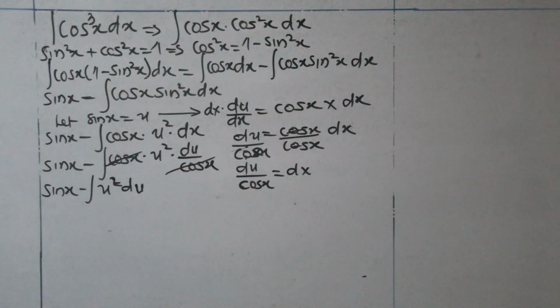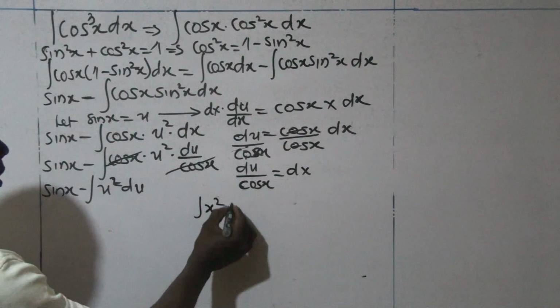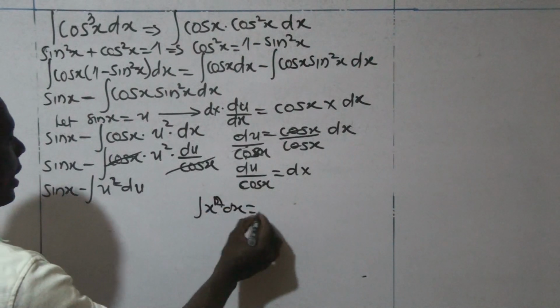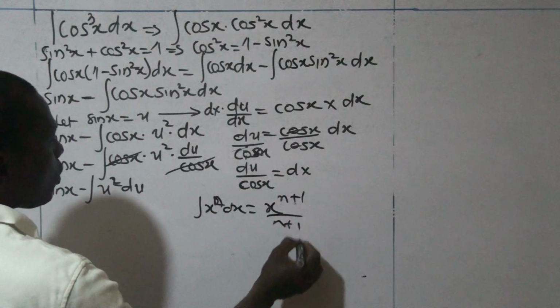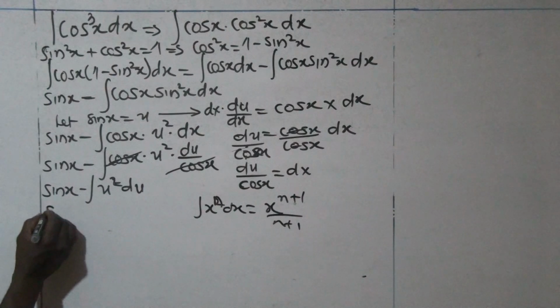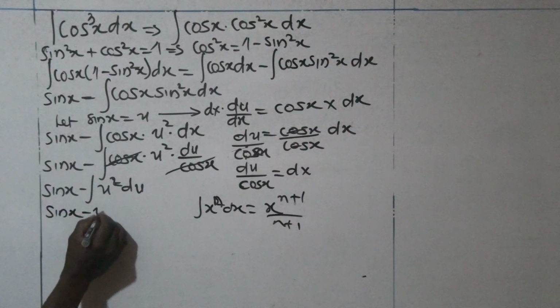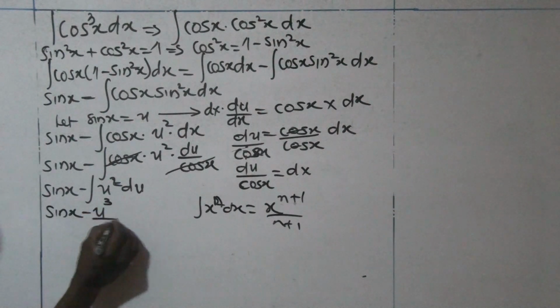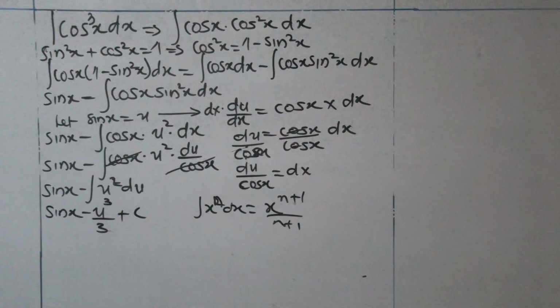And you know the integral of x raised to n dx is x raised to n plus 1 all over n plus 1. Here n is 2. So this integral becomes sine x minus u raised to power 3 divided by 3 plus an arbitrary constant.